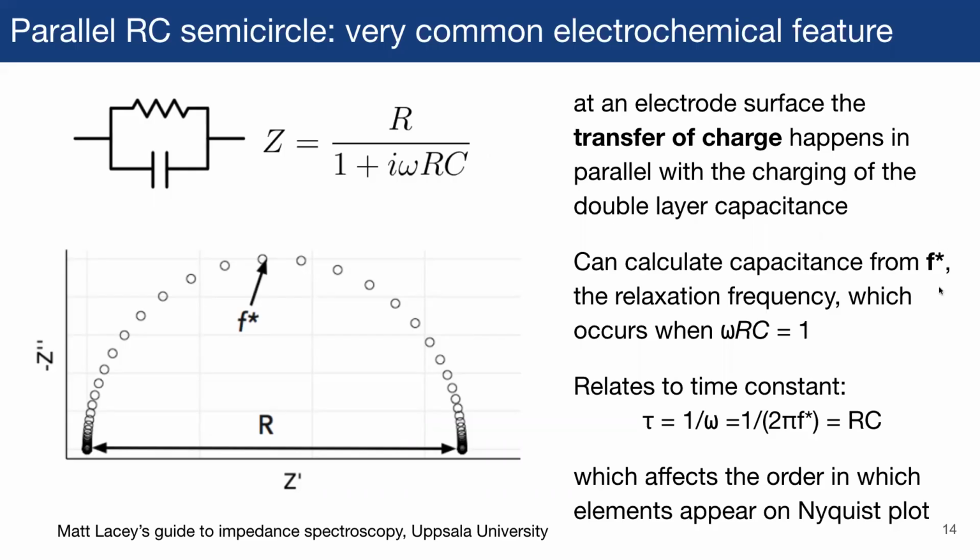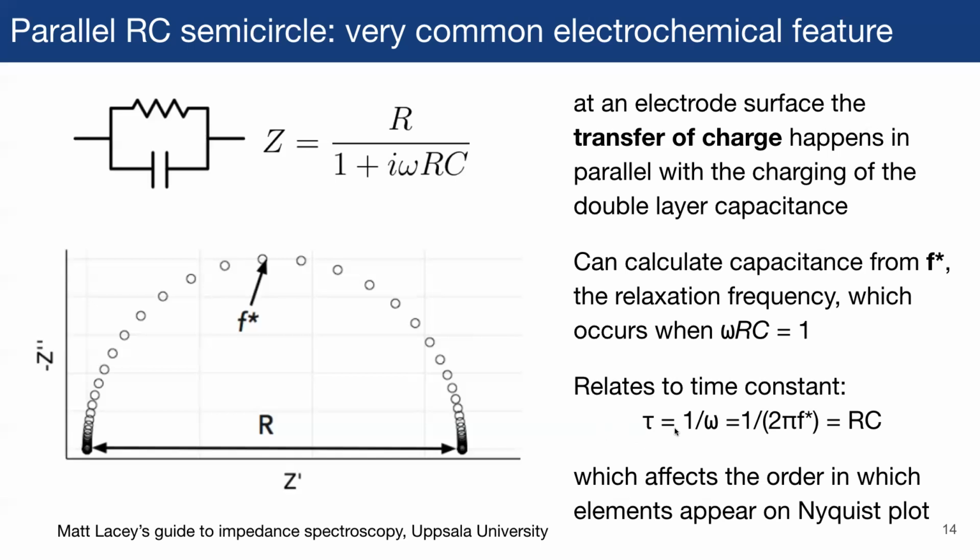Our characteristic frequency can then be used to basically back out what we consider to be a time constant. So a time constant for whatever process this equivalent circuit is fitting, whether it be grain boundaries, whether it be bulk conduction, all of these things are possible.